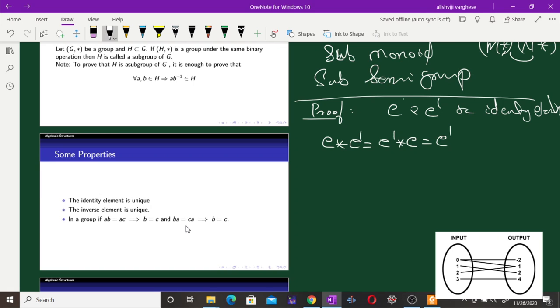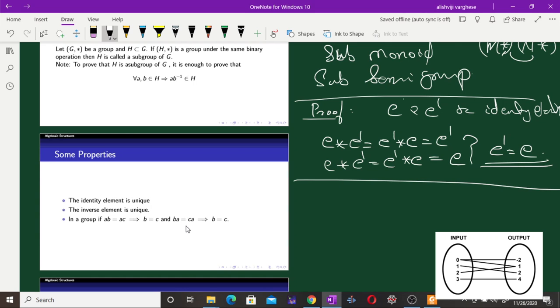Then, if we consider E dash as the identity element and E as the arbitrary element, then E star E dash is equal to E dash star E is equal to E. Then from these two identities, we can conclude that E dash is equal to E. So if there are two identity elements, then they will coincide. So there is only one identity element in a monoid as well as in a group.